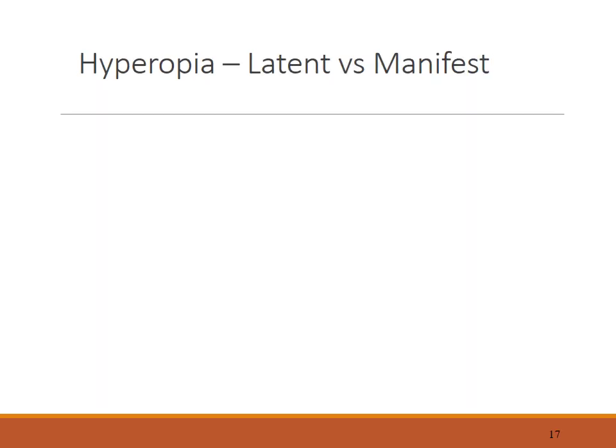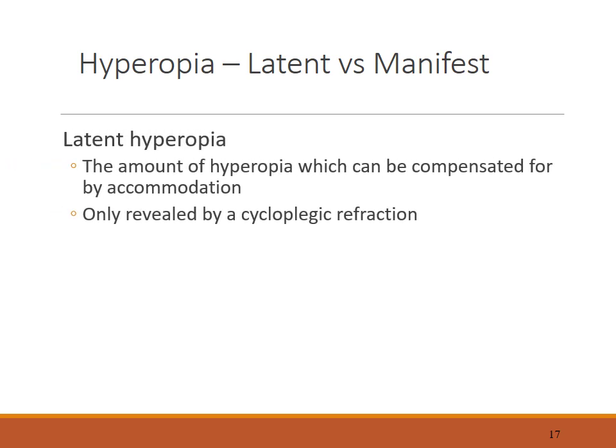In hyperopia, it can be latent or manifest. As I mentioned before, some hyperopia is related to accommodation, and latent hyperopia is really related to the accommodation factor. Latent hyperopia is the amount of hyperopia which can be compensated for by accommodation, and we can only reveal it by cycloplegic refraction.